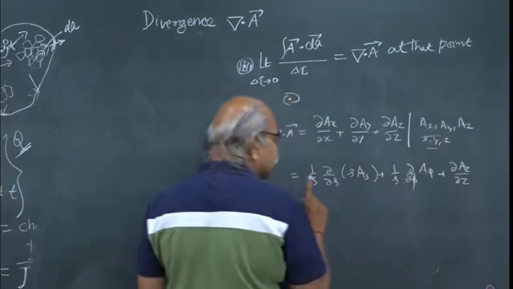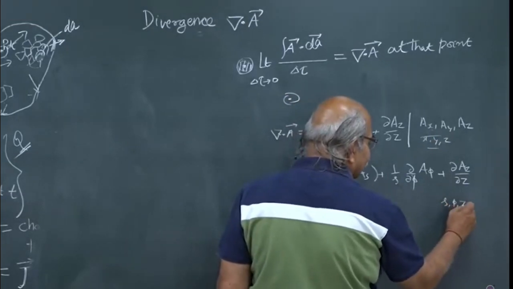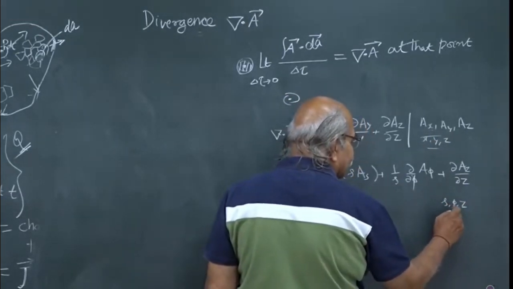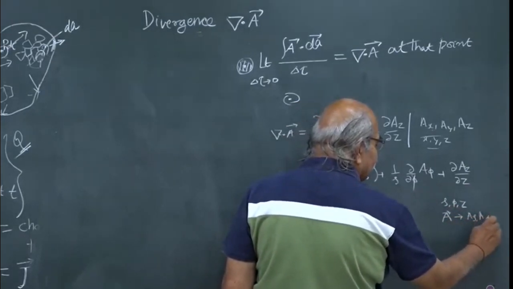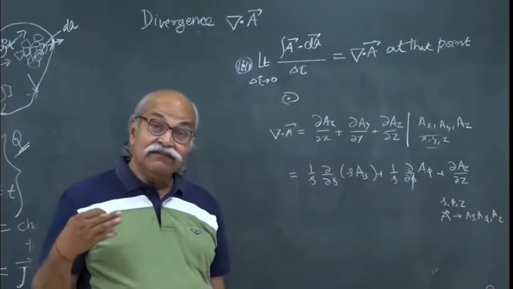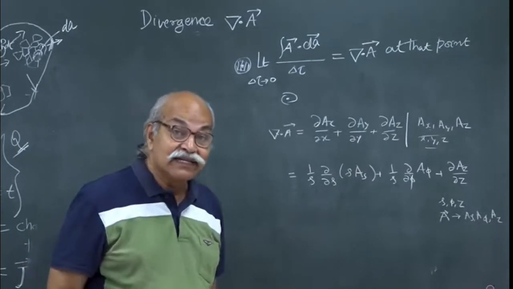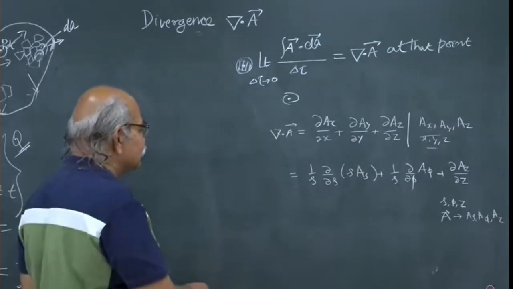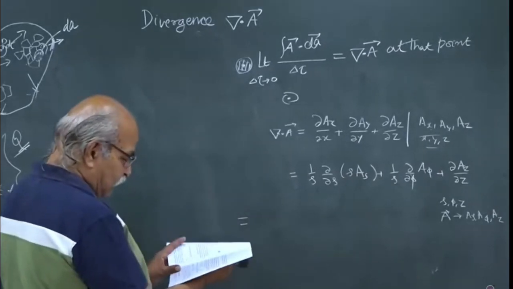But if you are using cylindrical coordinates, your coordinates are S, phi and Z, and the vector A is to be decomposed into AS, A phi and AZ. These are components of A in the directions S cap, phi cap, z cap.